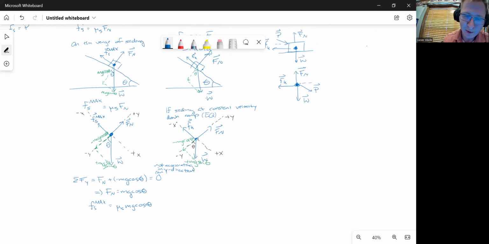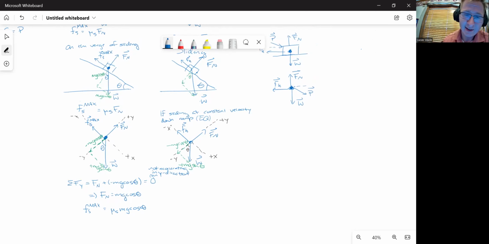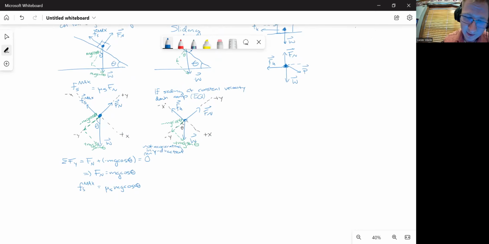Usually if it says it's sliding down the ramp at constant velocity, you can immediately assume that the net forces in the x and y directions are 0, because if the net force in the y direction was not 0, we would have this block shooting into or out of the ramp, and we don't really see that happen so often.